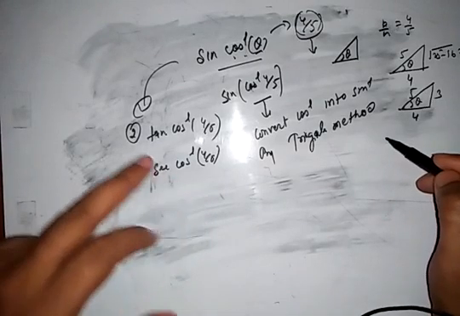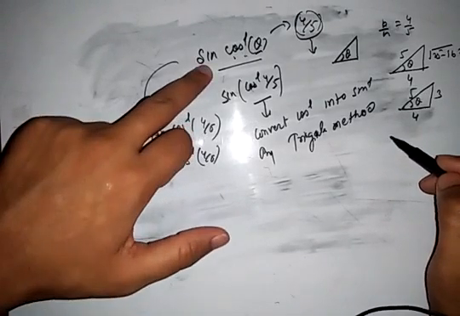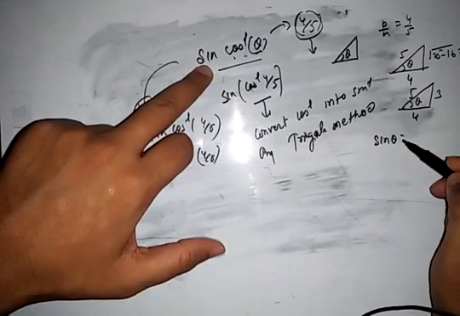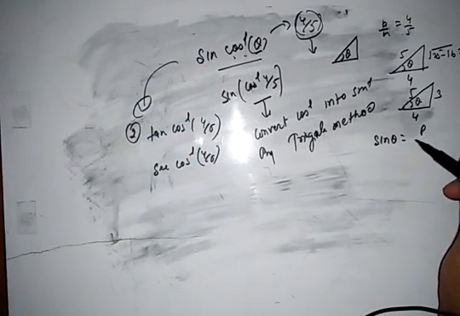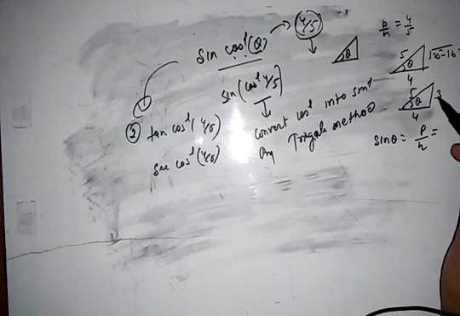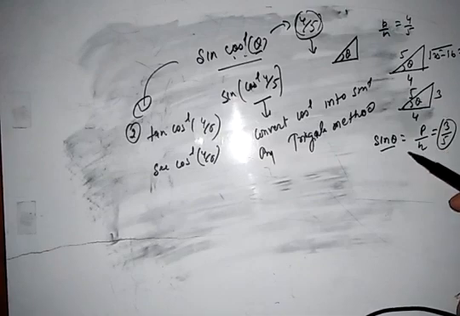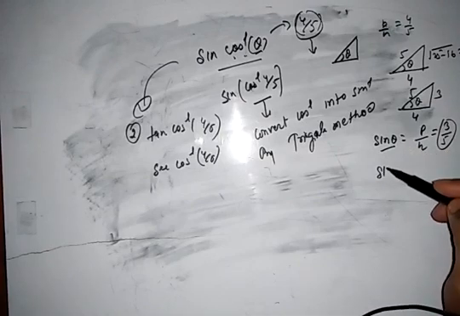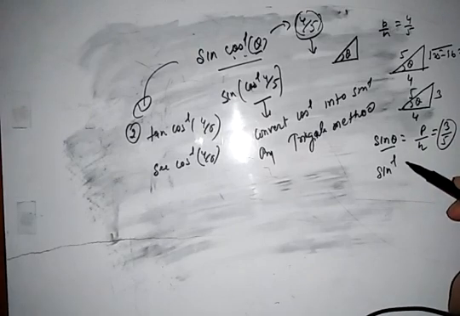If you want to convert to sin, first sin theta is nothing but perpendicular by hypotenuse. Perpendicular is 3 and hypotenuse is 5, so sin theta is 3 by 5, which means theta is sin inverse of 3 by 5.